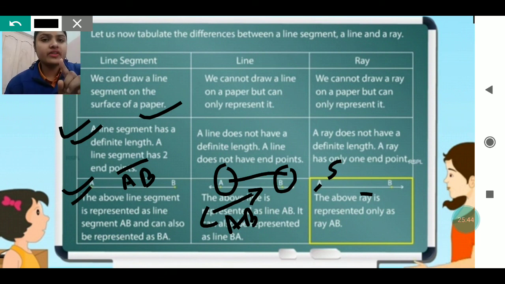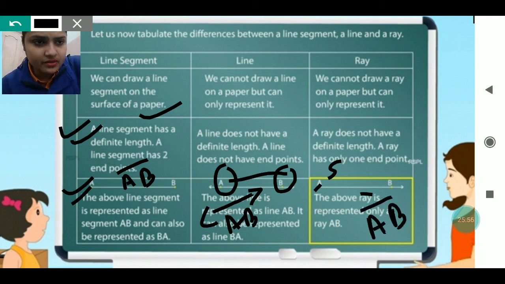You cannot represent it as BA because one side is fixed and the other is not fixed. So that will be represented as AB, and upside it will be given like this, one side arrow.